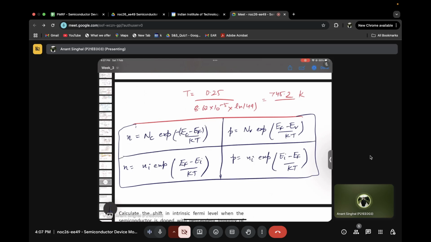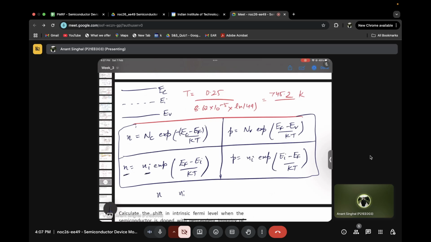There is one way to understand this. Quickly tell me, is n bigger or Ni bigger? Yes, n is bigger, right? Because we have an n-type concentration and Ni is, let's say, on the order of 10 to the power 10.